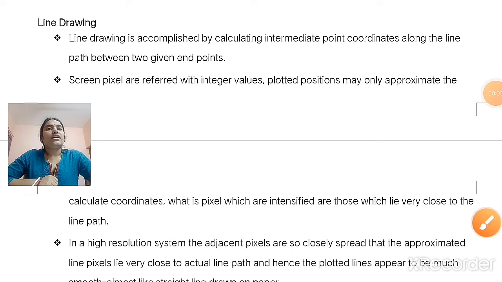Line drawing is accomplished by calculating intermediate point coordinates along the line path between two given endpoints. Screen pixels are referred to with integer values. Plotted positions may only approximate the calculated coordinates. The pixels which are intensified are those which lie very close to the line path.